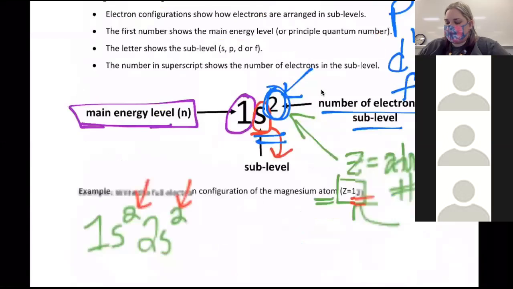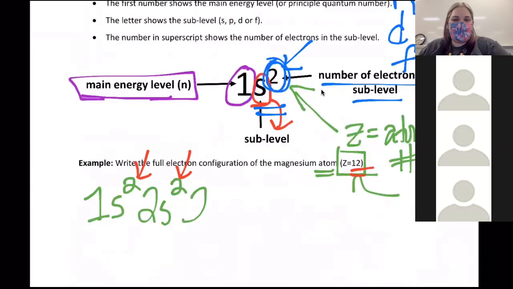How many can the p hold maximum? Yes, 6. So I'll put a 6 and let's check. Are we up to 12 yet? We're only at 10, because we have 2 plus 2 plus 6. We're adding all those exponents up, so we have to keep going.